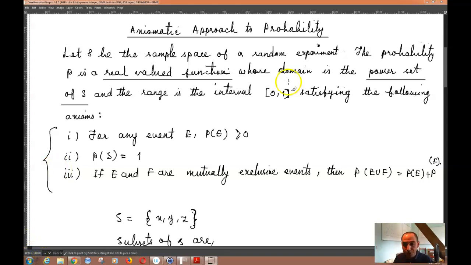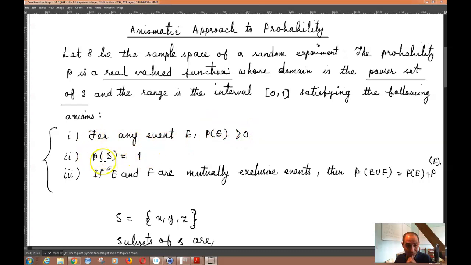Okay, so now the conditions that this function has to satisfy are that, the first one, for any event E, P of E is greater than or equal to 0. It can be equal to 0, but it's not a negative number.